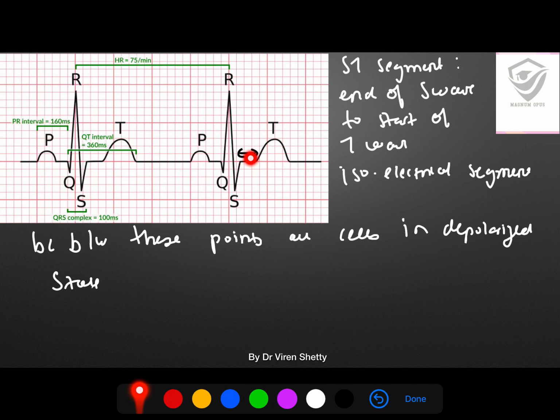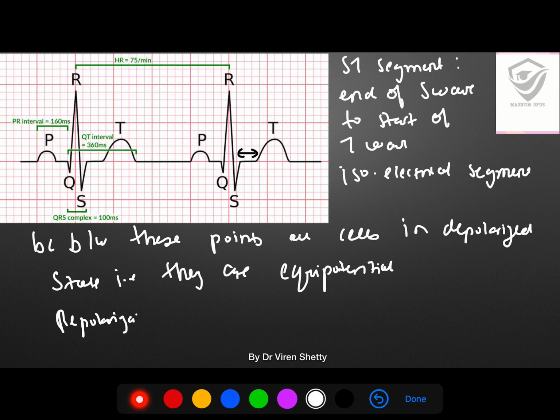So this much is called the isoelectric segment, because all cells are in a depolarized state, that is, they are equipotential. And then the repolarization of the ventricle begins with the start of the T wave.